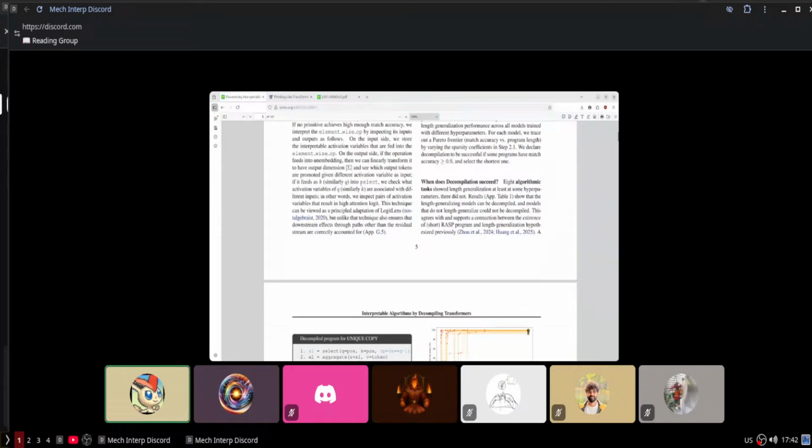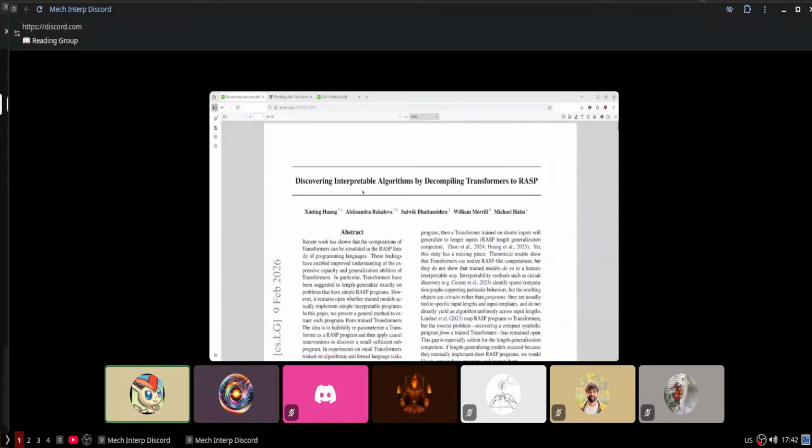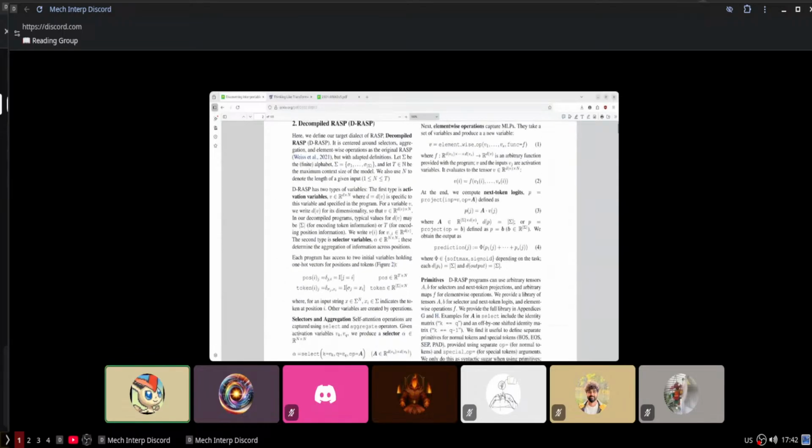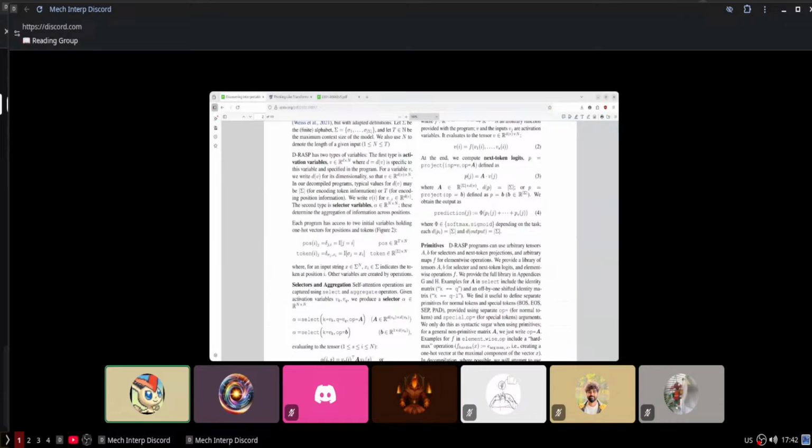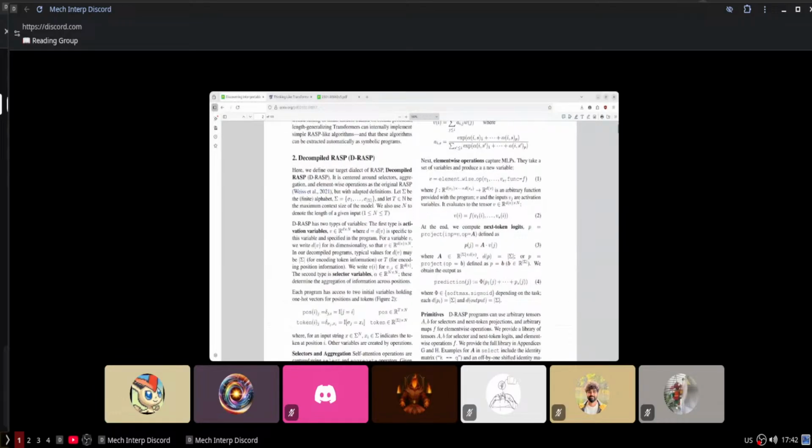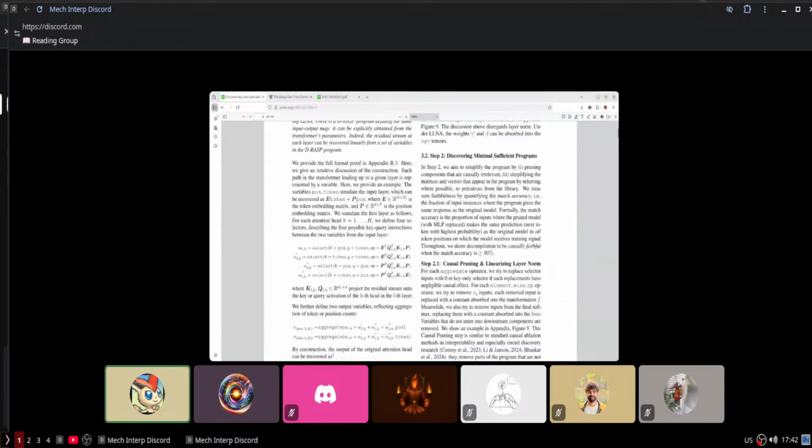This is for encoding token information. Okay, so it's just into the tokens.